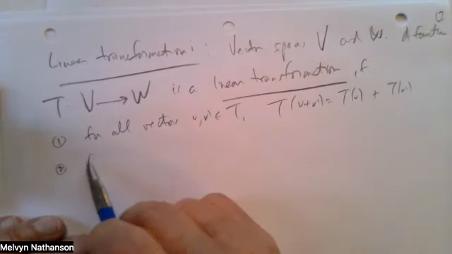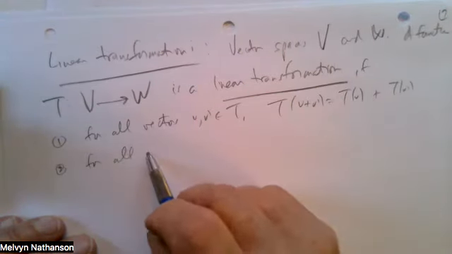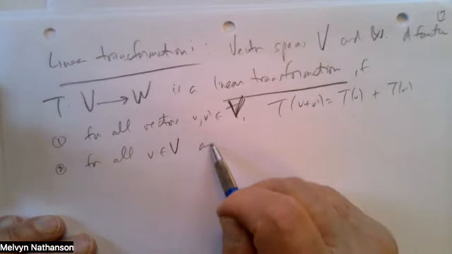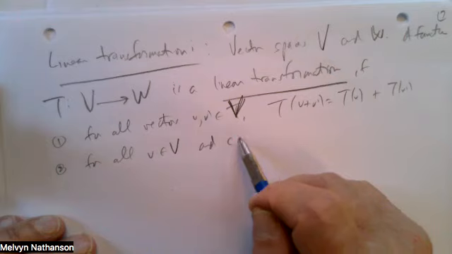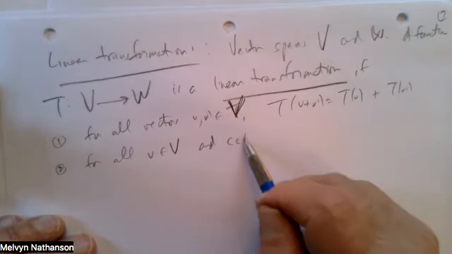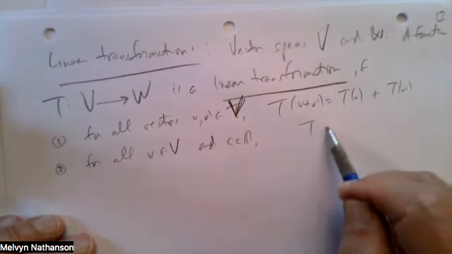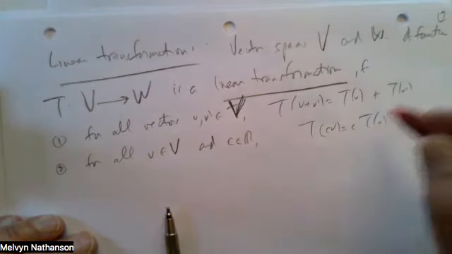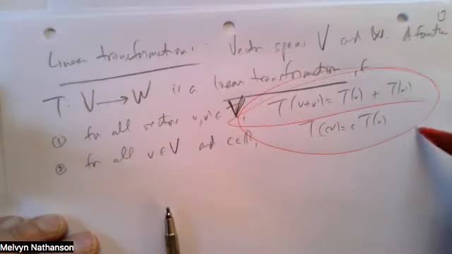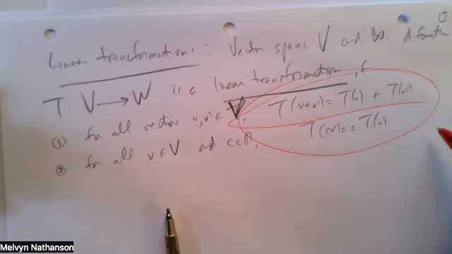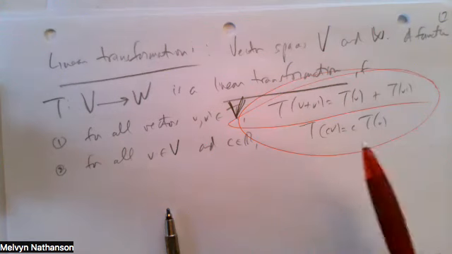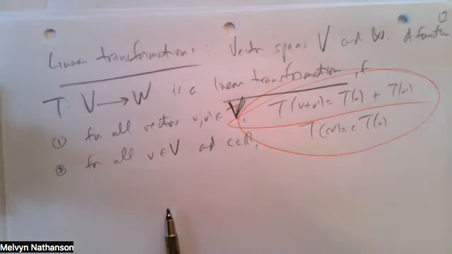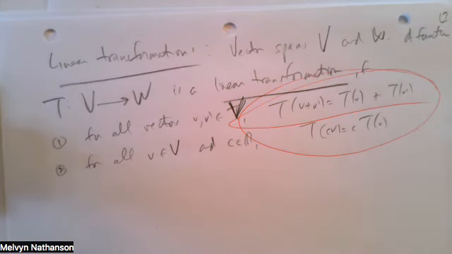And for all vectors V in the vector space and scalars C in the field, real numbers or whatever, T of C times V is C times T of V. So these are the two properties that a function from one vector space to another must have to be called a linear transformation.